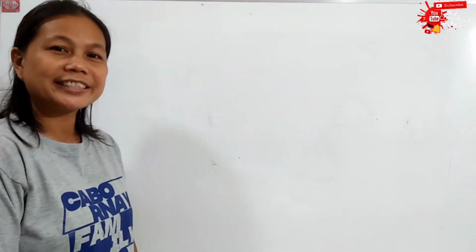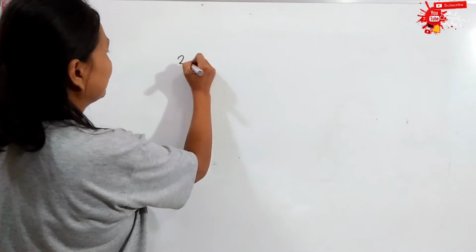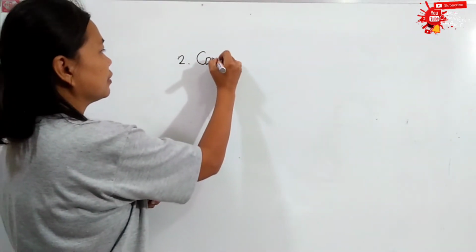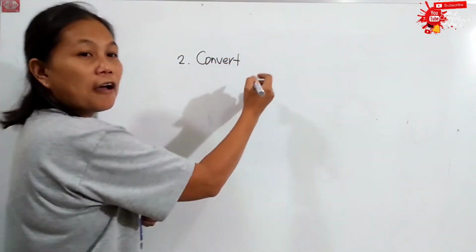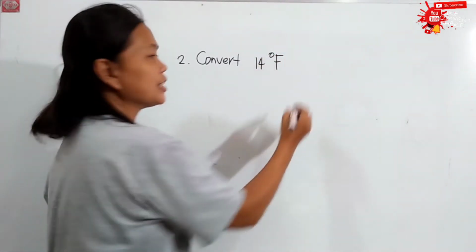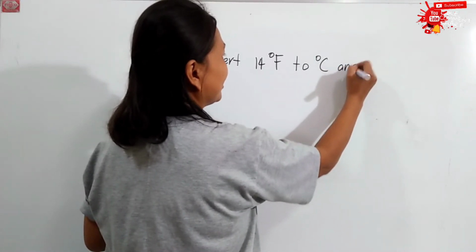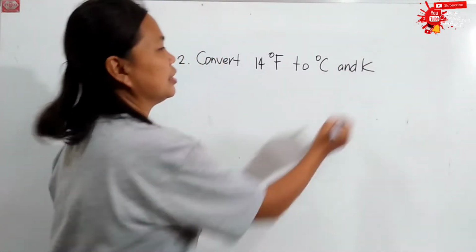Okay, let us have example number 2. Convert 14 degrees Fahrenheit to degrees Celsius and Kelvin.